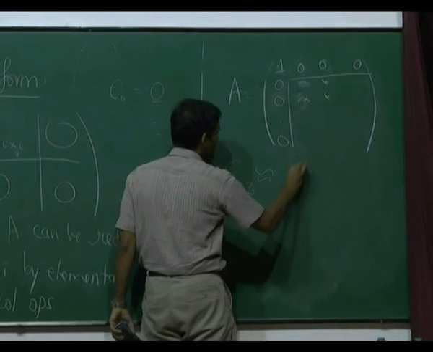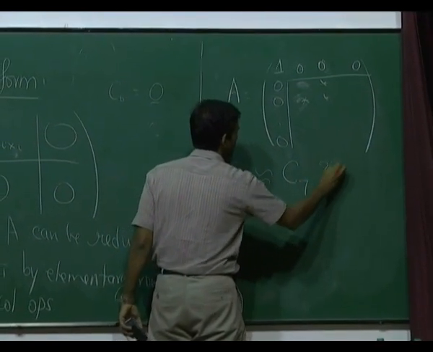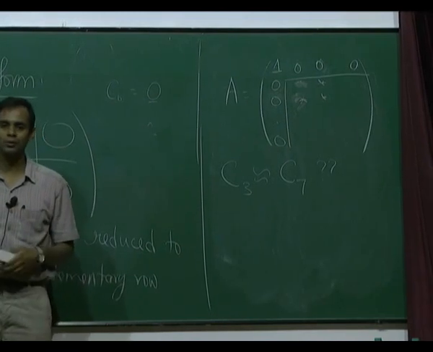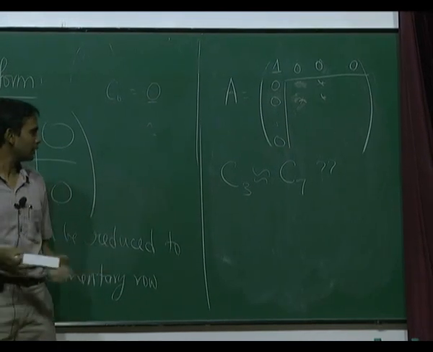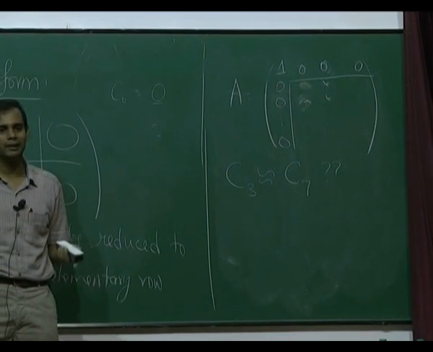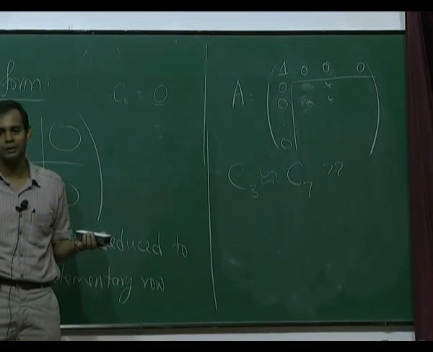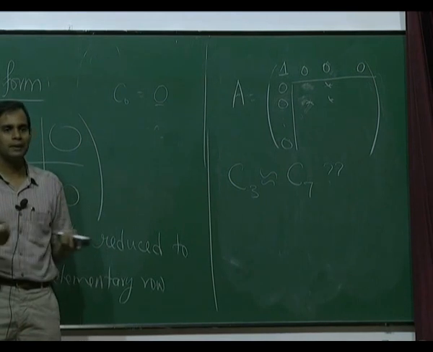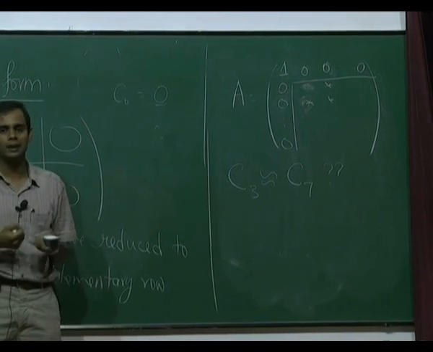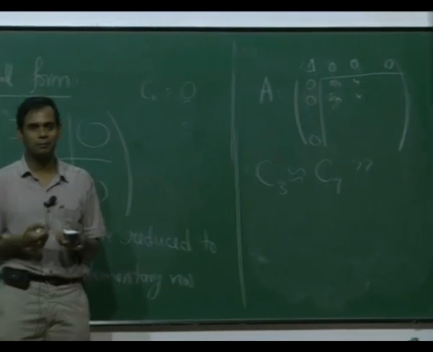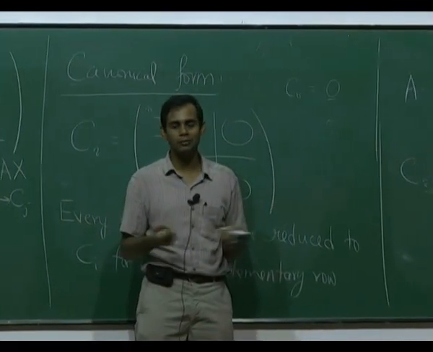But then there is always the question, is it possible that C3 is equivalent to C7? It could be that you can do the reduction in one way and get C3, and you do the reduction in some other way and get C7. Then this would not be a useful canonical form, because you can't use this to decide whether two matrices are equivalent or not, because they may be equivalent, but then they may give you different canonical forms.